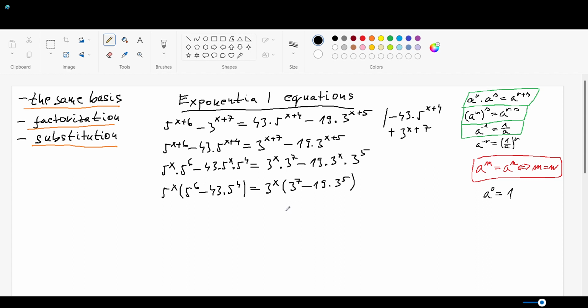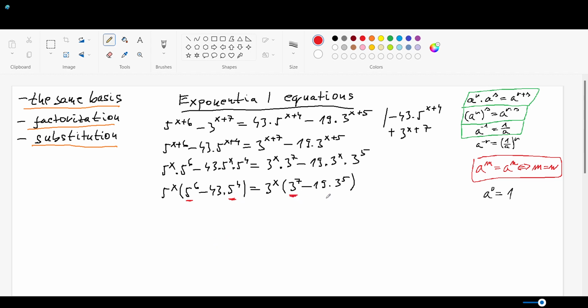It's a good and clever idea to calculate the value of the parentheses, but in this case, I don't use calculators, so I'm not quite okay finding the value of 5 to the power of 6. I prefer, as you can see, that we also have here some kind of common factor.